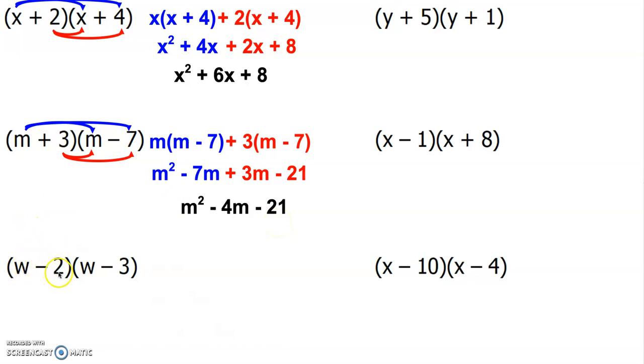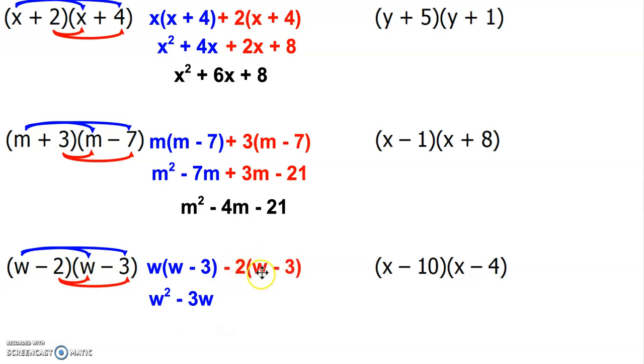Here I'm distributing a w minus 2 across a w minus 3. So I take that first w and multiply it by w minus 3. That becomes w times w, which is w squared. W times a negative 3 is negative 3w. Now I also have to distribute a negative 2 across w minus 3.